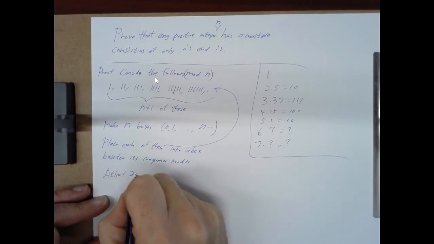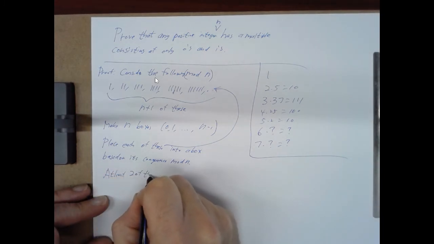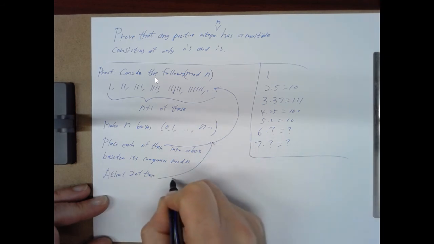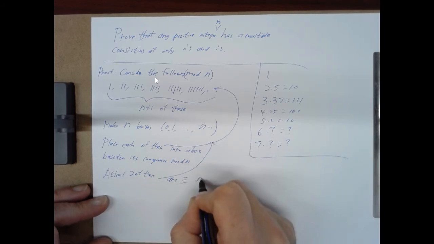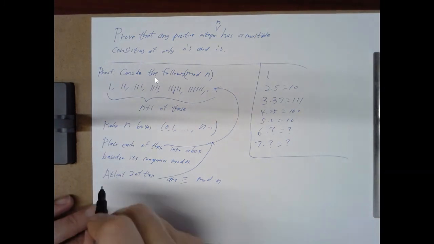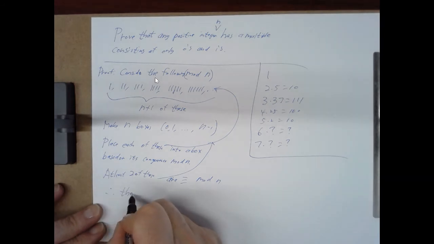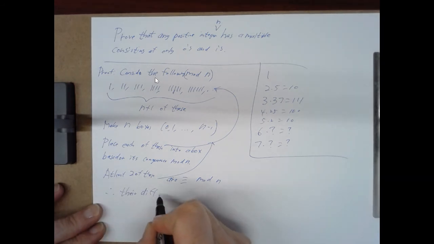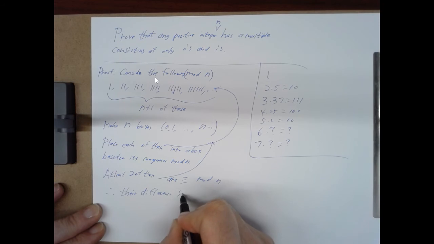So at least 2 of these are congruent modulo n. Therefore, their difference is a multiple of n.